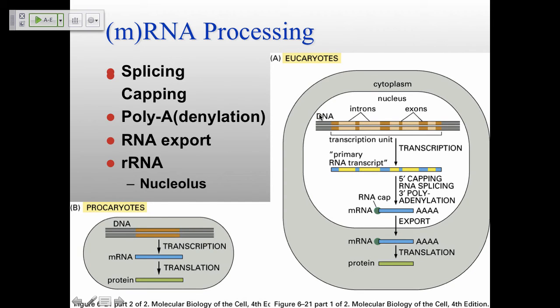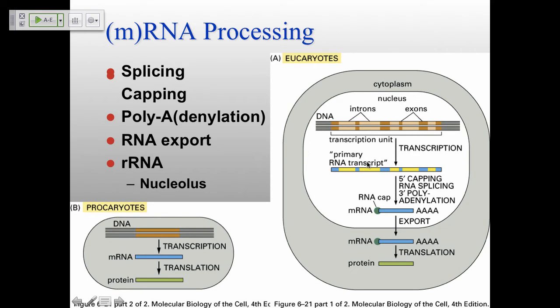And that primary transcript is actually an RNA which encodes all of the introns and all of the exons. And as hopefully we all remember from previously, those introns are usually way, way bigger than the exons. And so you end up making a much, much longer transcript. This is what RNA polymerase II does.